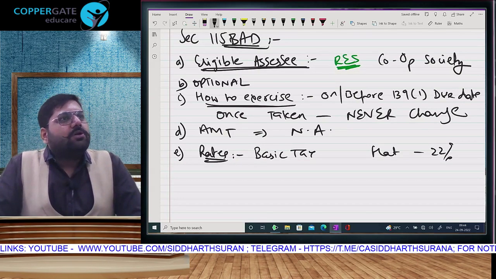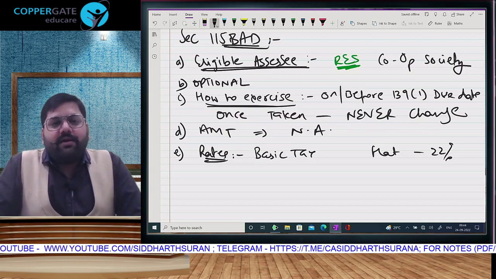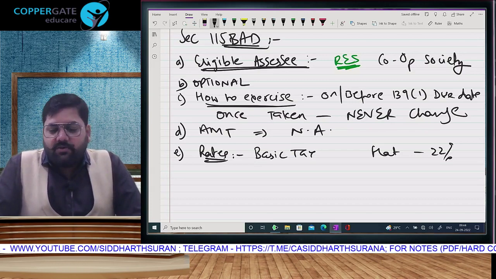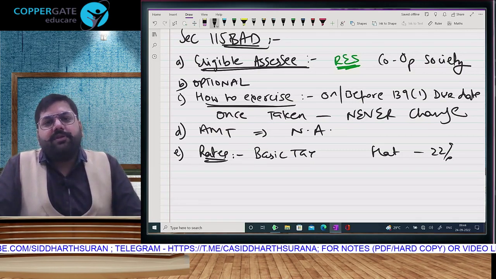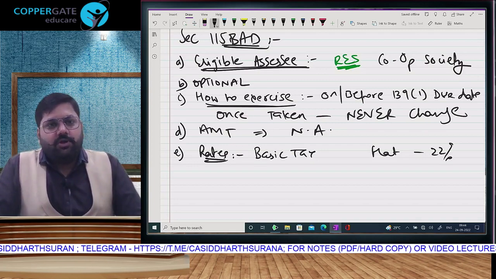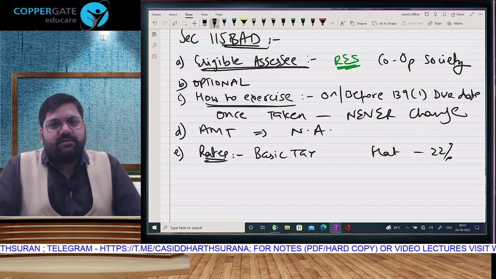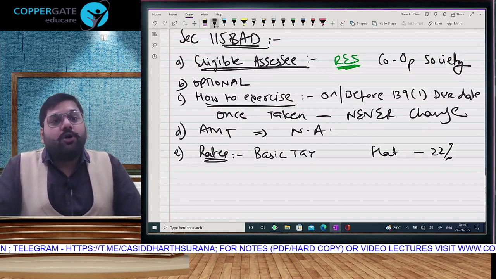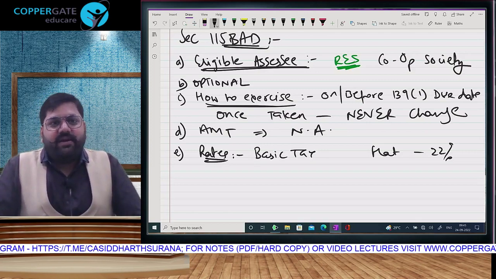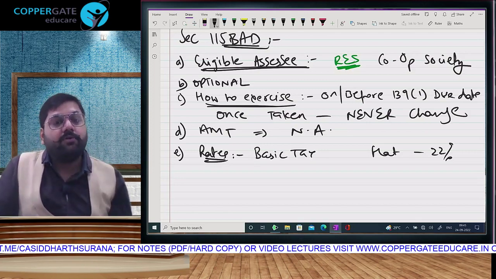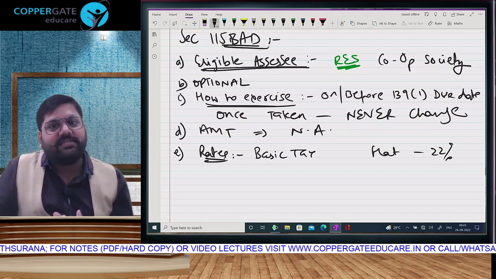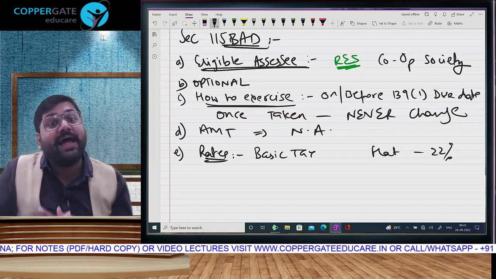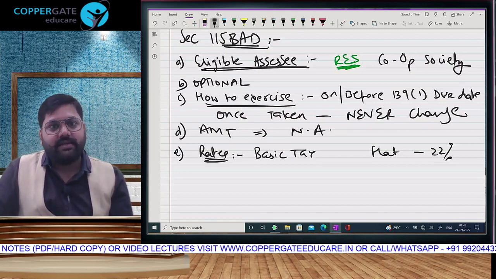Such बोलूं तो cooperative societies having income up to rupees 20,000 should not even think about the new regime, because old regime में the rate is 10%, 20%. Once you cross 20,000, old regime में it is 30, but new में we are giving 22. And so no, flat 22, no slabs. Means 1 lakh का income 22,000 tax, 10 lakh income 2 lakh 20 tax, flat 22% basic tax.